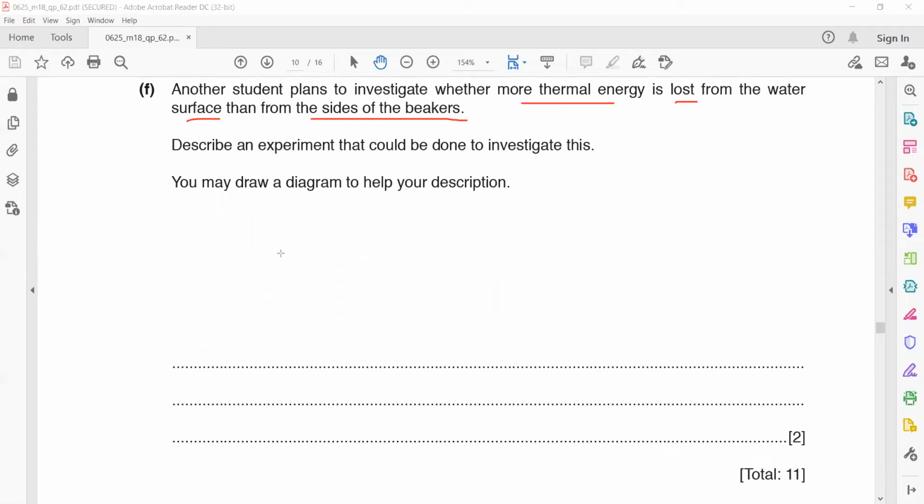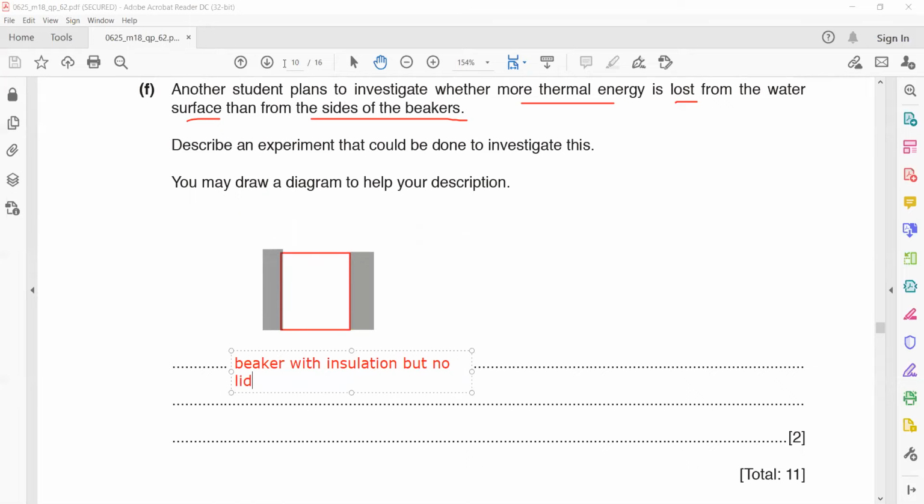First one, he will insulate the beaker, and there is no lid. That is one.